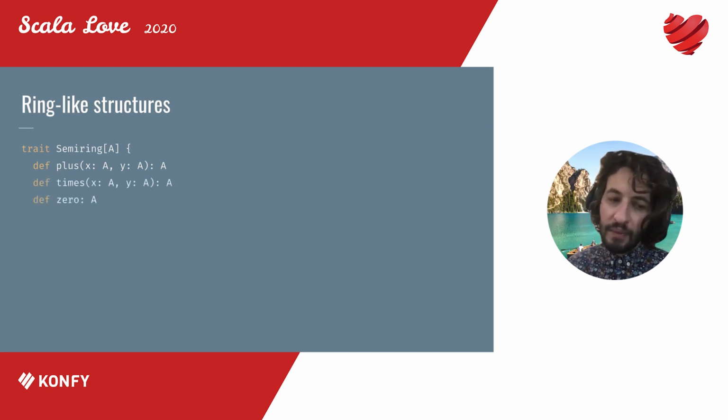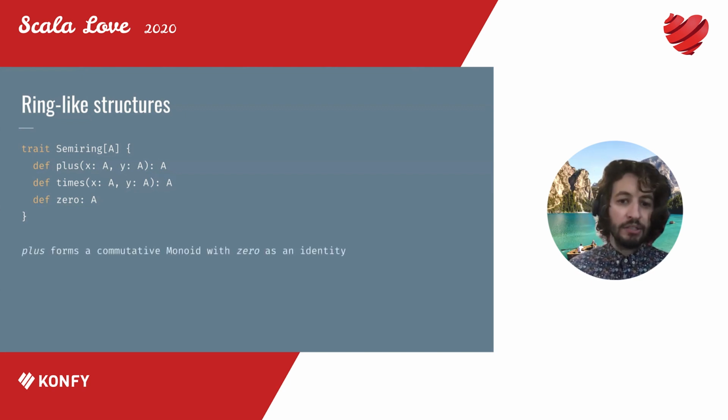And then you also have this zero right here that is basically like an empty for plus. So 0 is the identity for plus. Plus and 0 have to form a monoid, and times has to be associative, so it has to be a semigroup. In other words, plus forms a commutative monoid with 0 as an identity, and times forms a semigroup. And that is the whole definition of a semi-ring, or semiring, whatever you want to call it.